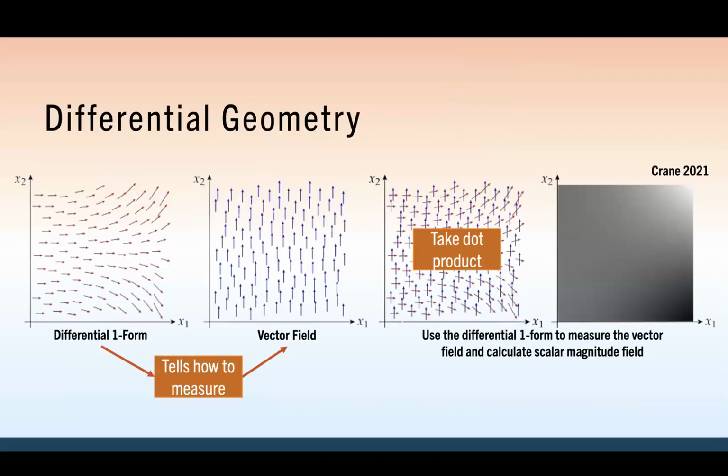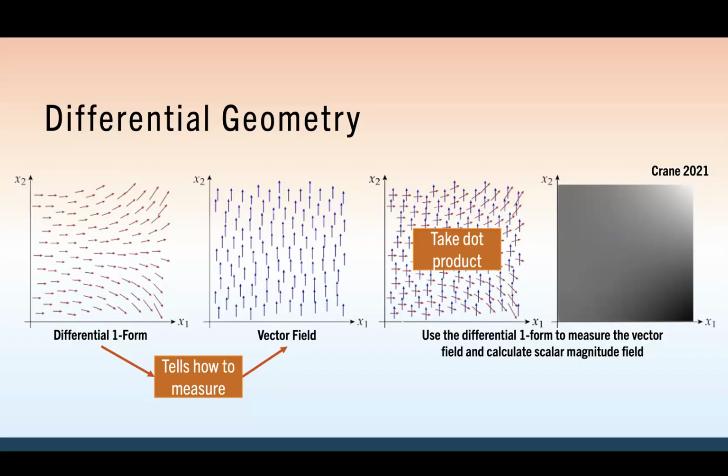Okay, getting into the kinematics. A few definitions before we fully get into the analysis. I've used differential geometry to do most of this gradient analysis, which involves first calculating a differential one-form, which is a vector field that we use to tell us how to measure another vector field. This other vector field is, for example, the gradient of a map of some parameter.